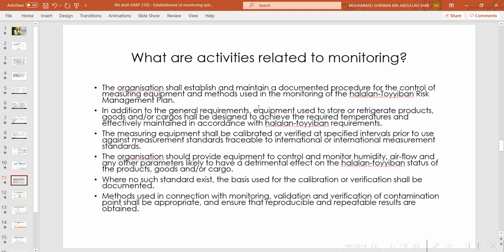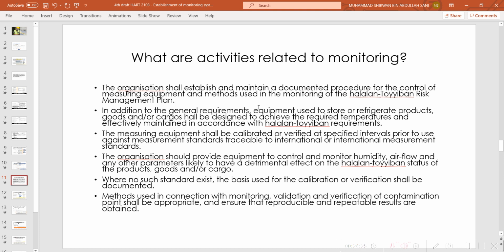So for example, if I want to monitor temperature, as a halal executive or as the owner of the premise, I will prepare a procedure on how to record the temperature. I will also provide apparatus or tools for any personnel to monitor the temperature. In this case, I will give them the digital thermometer.